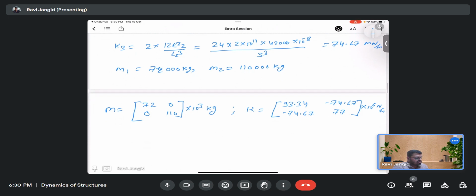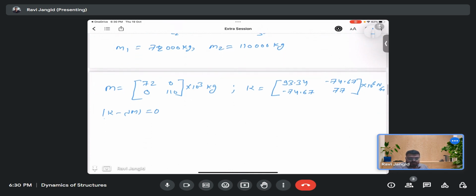So if I do the eigenvalue problem, k minus lambda m, now this problem becomes easier.